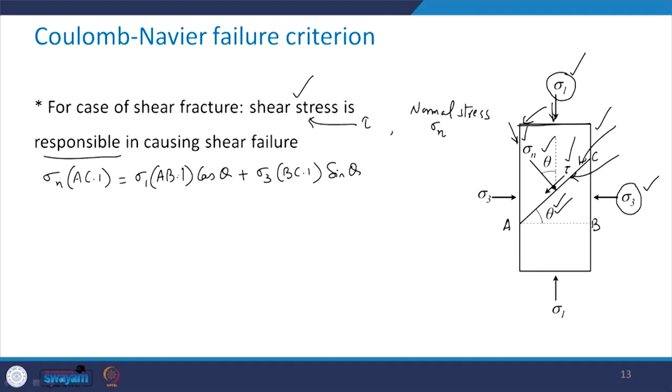We multiply by 1 because the dimension perpendicular to the plane of the screen is taken as 1.